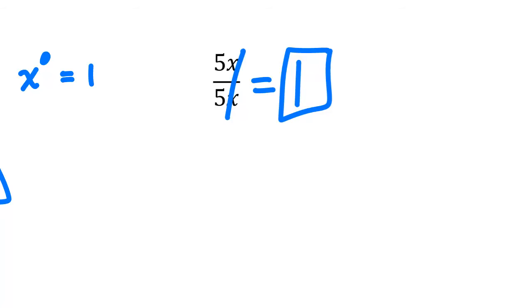All right. Pretty straightforward. Hopefully you guys can get it okay. Let's go ahead and have you guys practice. We got negative 15x squared divided by 5x.